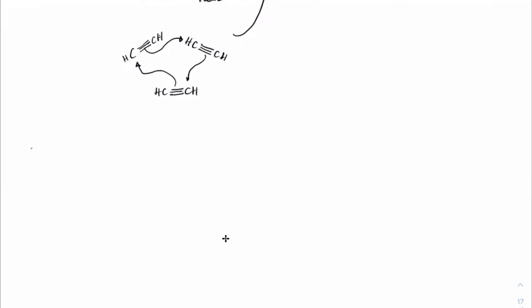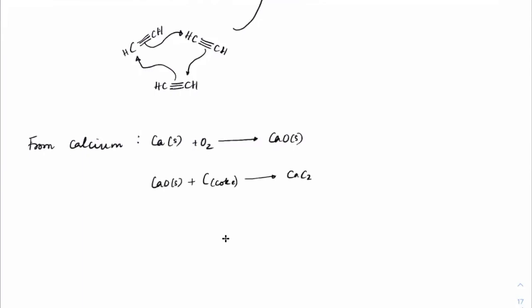In the 2003 JEE, a question was given: prepare benzene from calcium. How do we prepare it? From calcium, if you treat it with O2, you make calcium oxide. Then from calcium oxide, if you treat it with coke, we get calcium carbide.